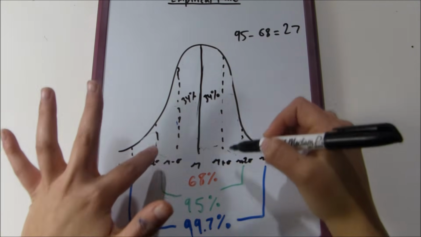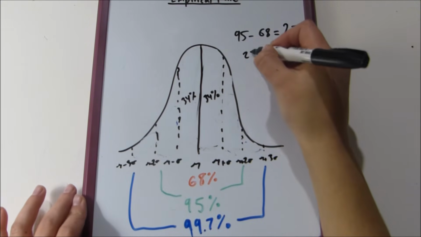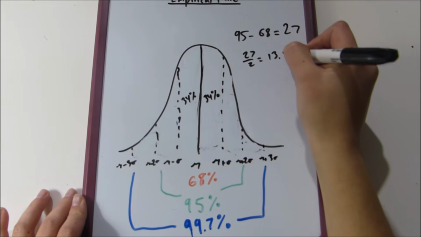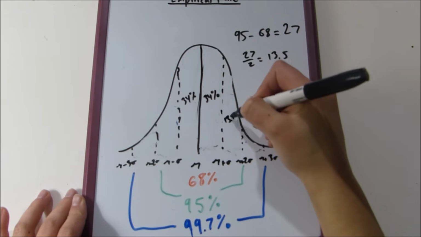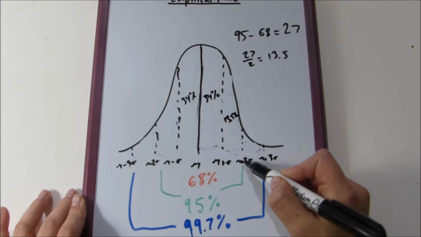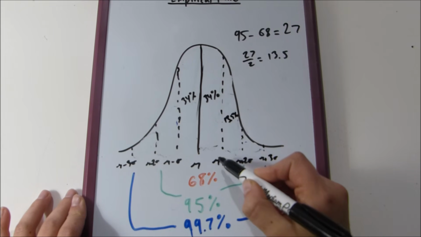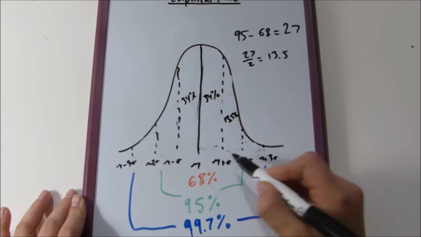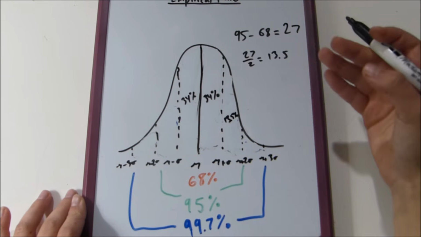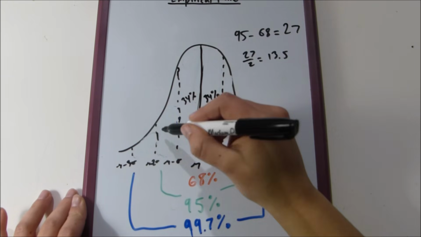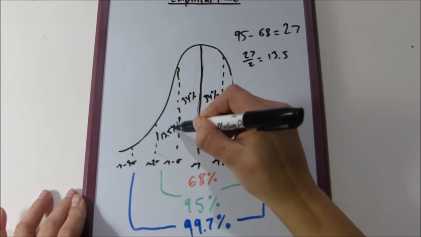So then these outer chunks, we can divide 27 by 2 to get 13.5. So that's what percentage are between 1 standard deviation and 2 standard deviations above the mean. Same goes for the other side, 13.5.